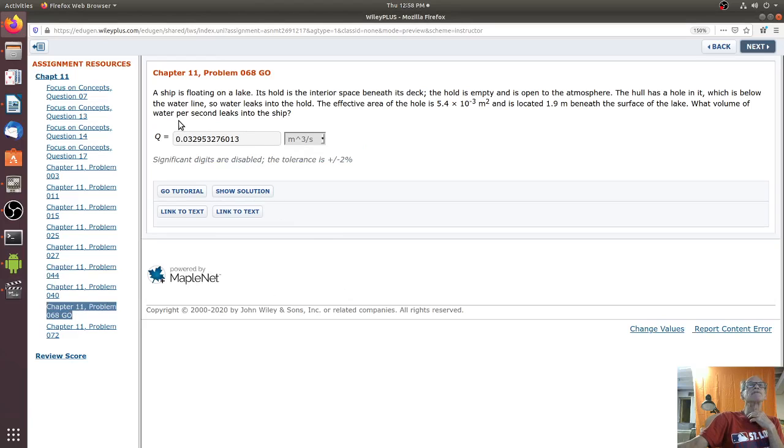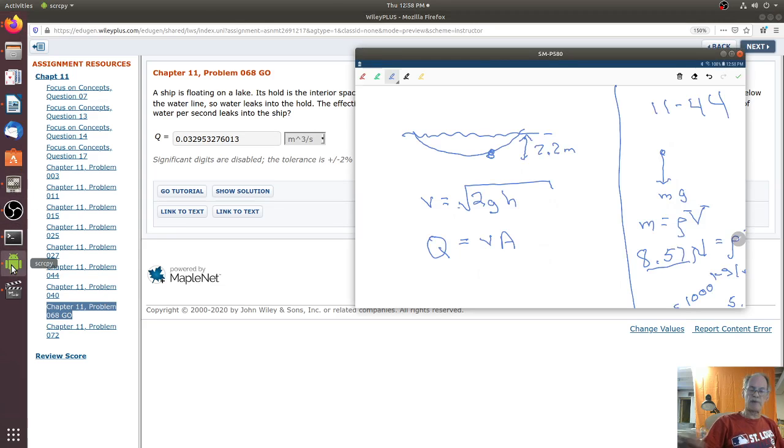Okay, physics students, let's look at problem 1168. Here's how that problem would go. There's the ship, 2.2 meters below the surface. You have a hole.